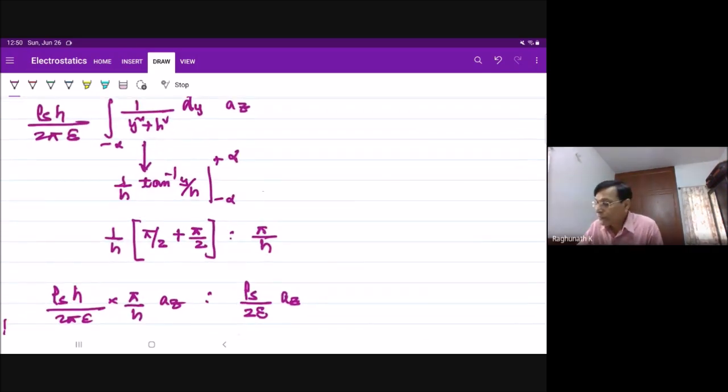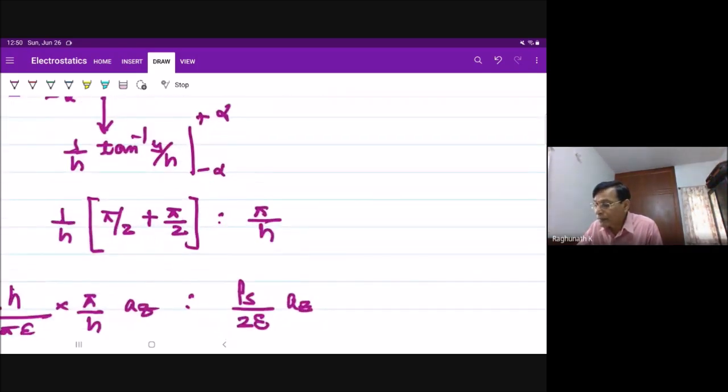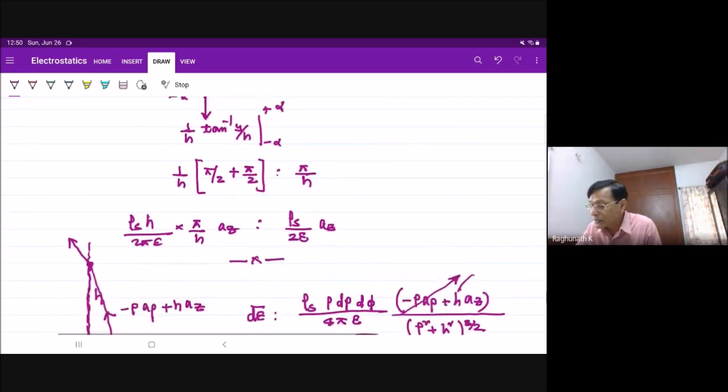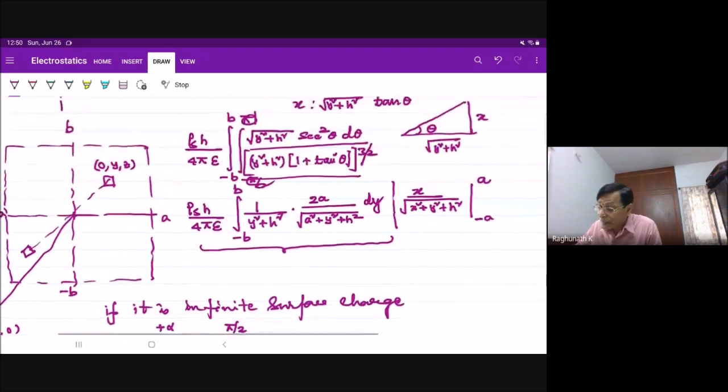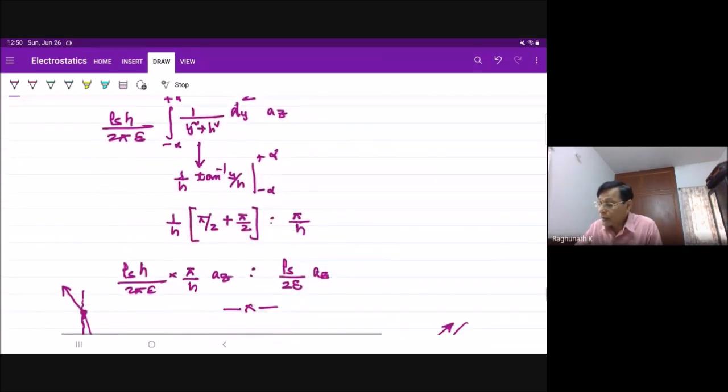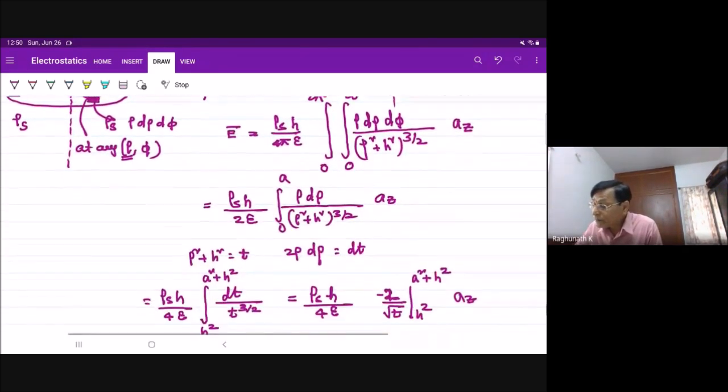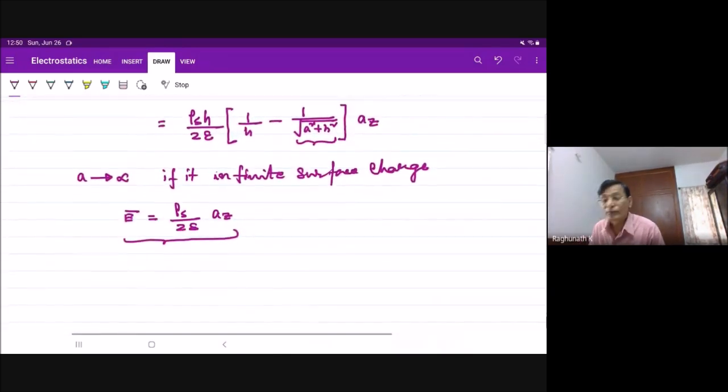It was the same whether I determine the field because of infinite surface charge, the rectangle with infinite dimensions, or the circular disk with infinite radius. The electric field intensity comes out to be rho s by 2 epsilon only.